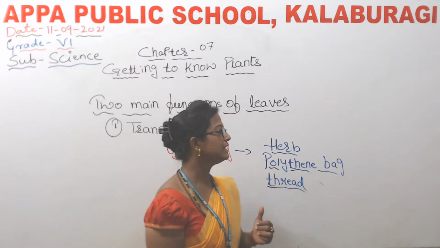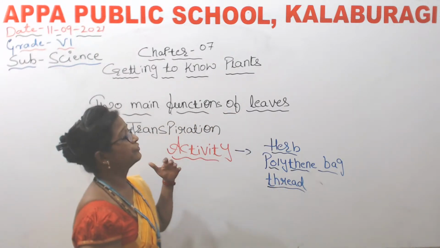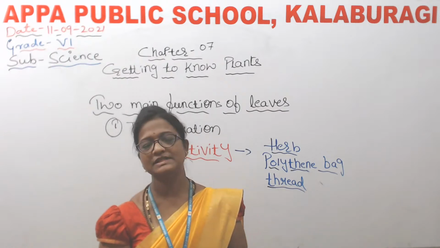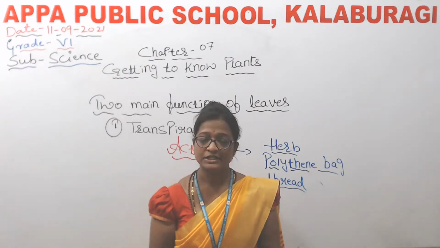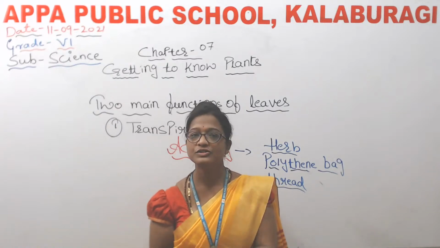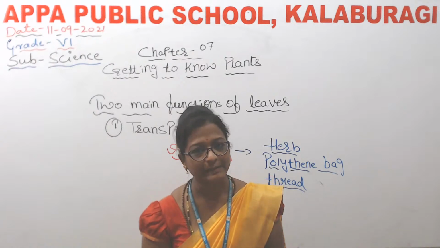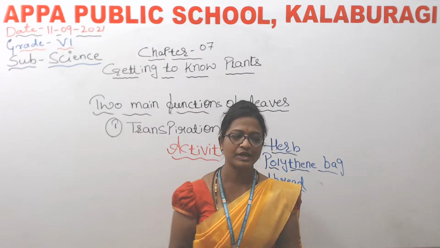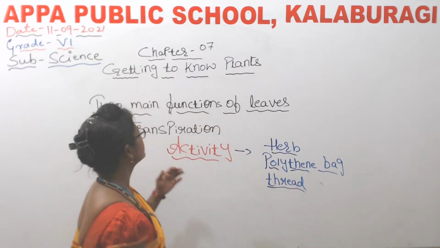Okay, so this is how water droplets come out from the leaves. Once again I'll repeat, children. Transpiration means excess of water comes out in the form of vapors through the process of transpiration. Okay, so this is about transpiration.